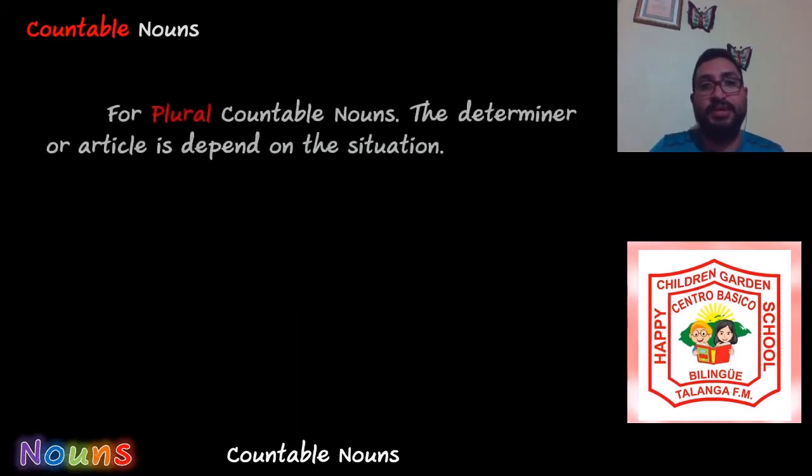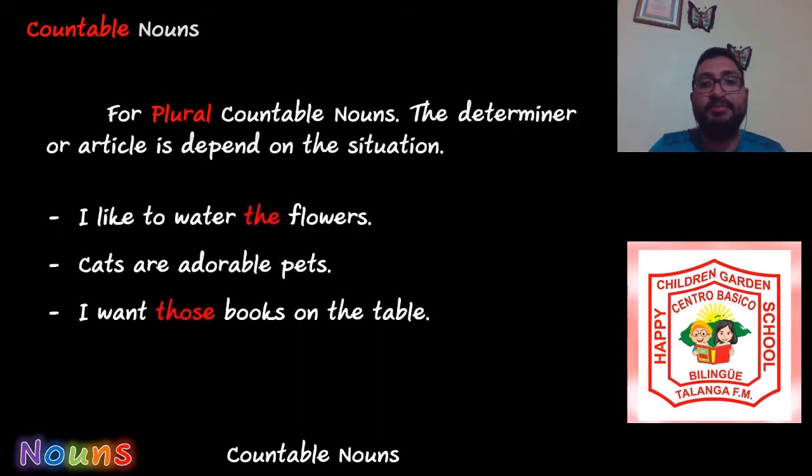Now, for plural countable nouns, the determiner is going to vary depending on the situation. For example, I like to water the flowers. In this case, we have a determiner. Cats are adorable pets. In this case, the determiner for cats is going to be the sentence per se.